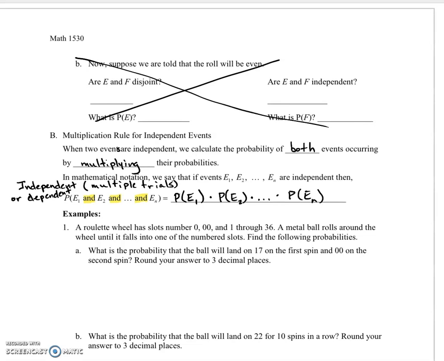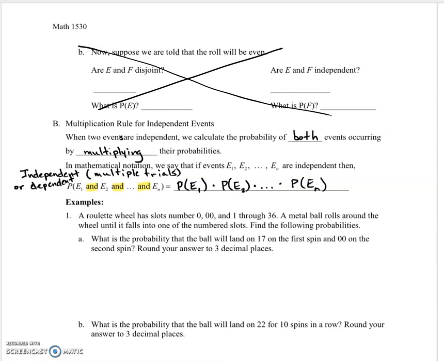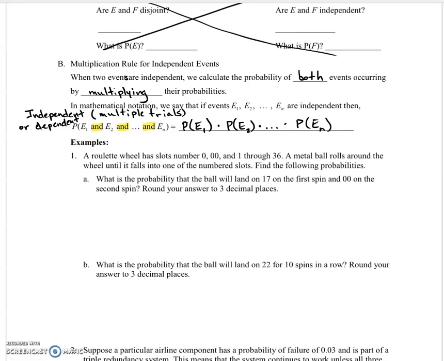The "and" means multiply. Don't confuse that with the "and" in the addition rule, because those are talking about disjoint or not disjoint events.